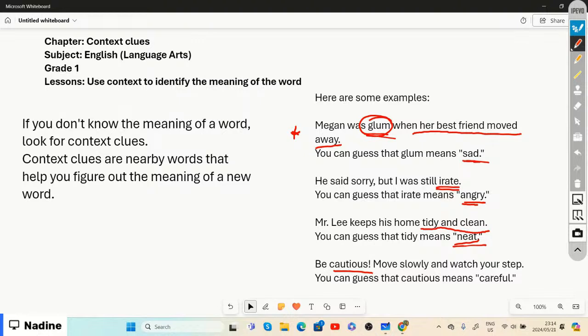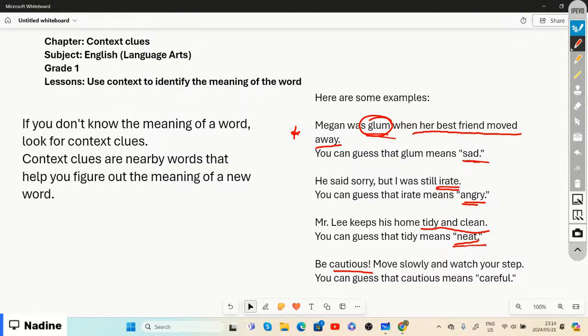So you see, they're not giving us the meaning of cautious, but within the context of that sentence, they are telling us to move slowly and watch your step.